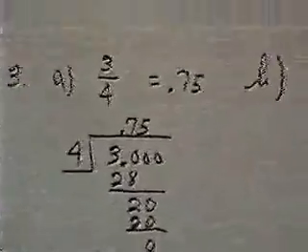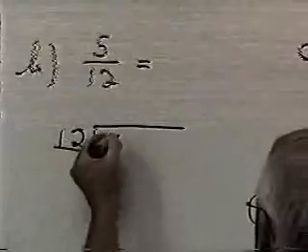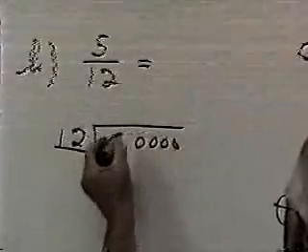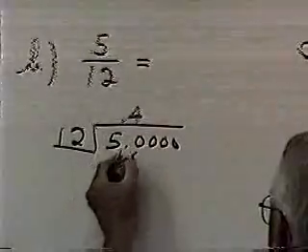All right, let's take the next one, 5/12, and see what it is changed to percent. So we take 12, divide it into 5. Okay, that'll go about 4 times, and that's 48.